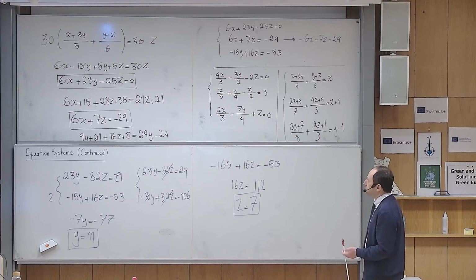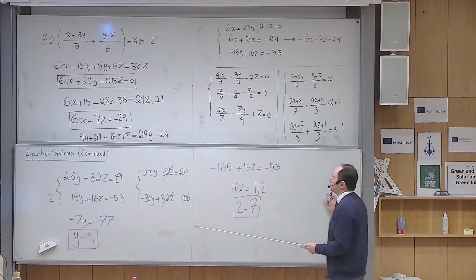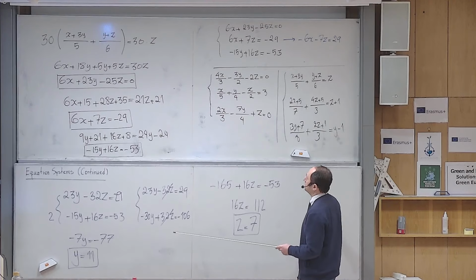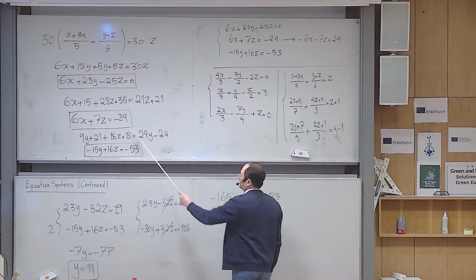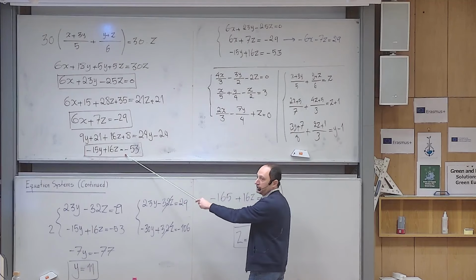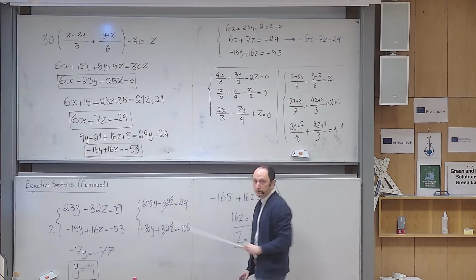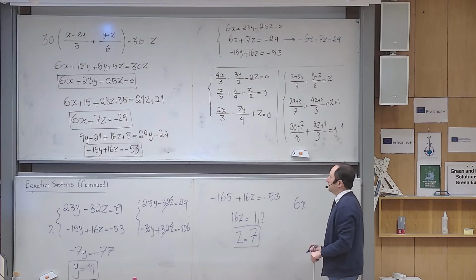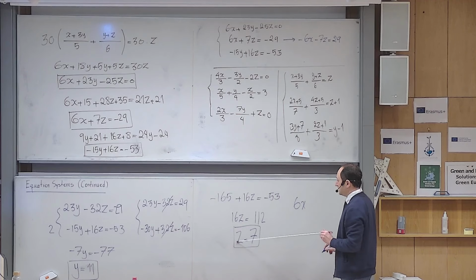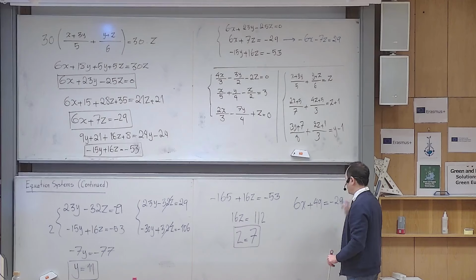What should I do for x? I will go to one of the simple ones in the middle. Which one do you prefer? This one is horrible. Forget about it. This one doesn't have any x within it. So this is the best option. So I would write 6x, and then 7 times z, which is 49, equals minus 29.